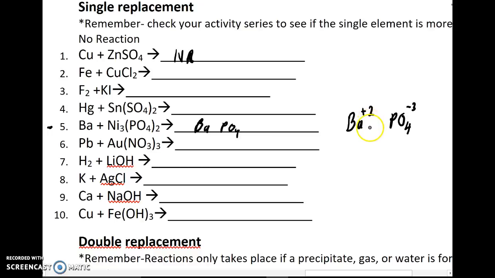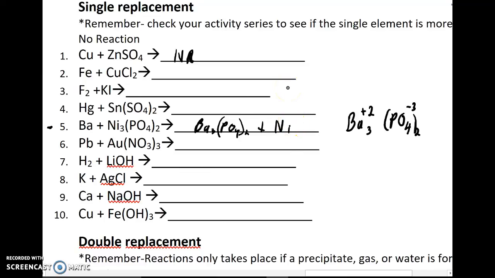As a result, I need 3 barium atoms and 2 phosphate ions to make the correct formula. So this should be Ba3(PO4)2 plus nickel.